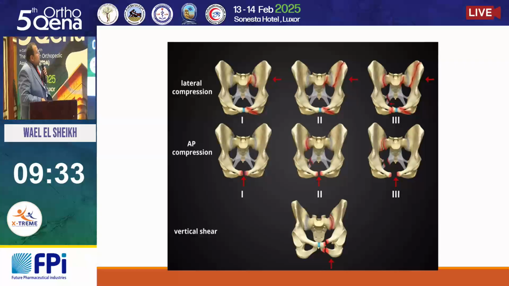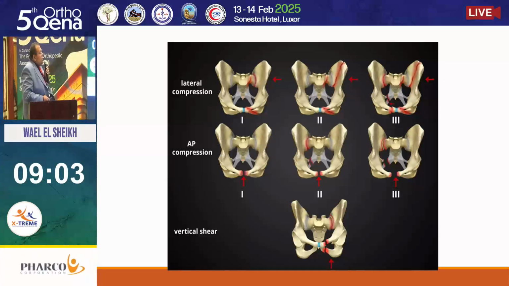It is either lateral compression injuries, which is subclassified into type 1 with posterior transsacral injury as regards the posterior ring, and bony anterior ring disruption, superior and inferior pelvic ramus injury. Type 2 is a transiliac fracture with ipsilateral anterior disruption, and type 3 with ipsilateral and contralateral disruption.